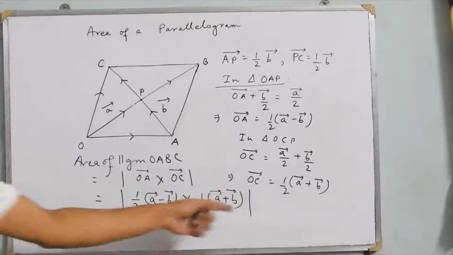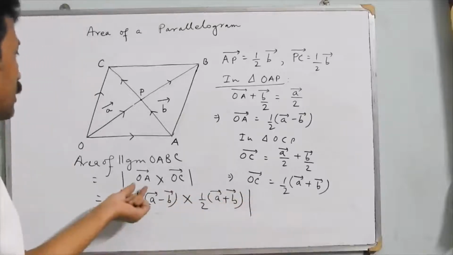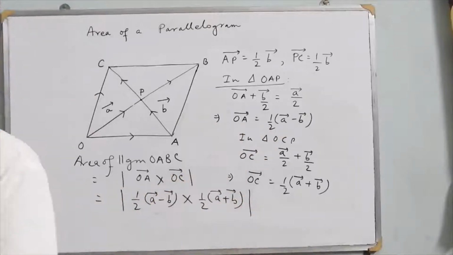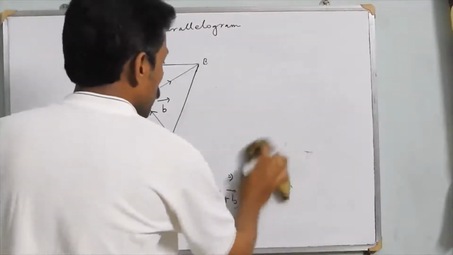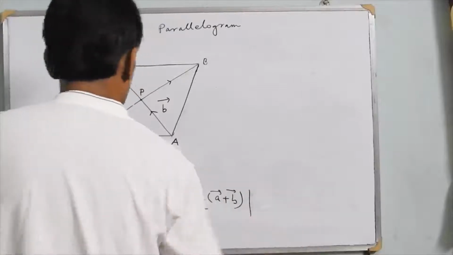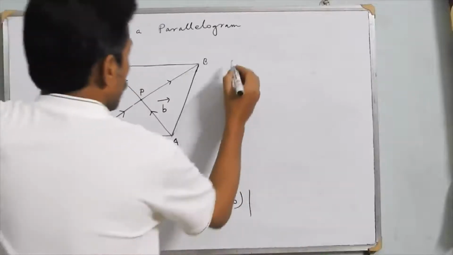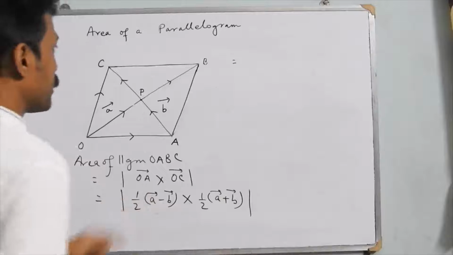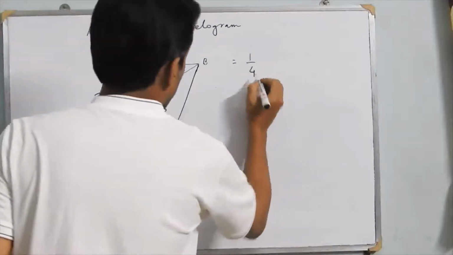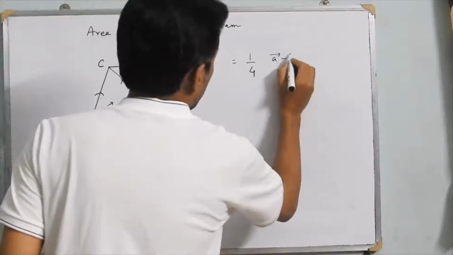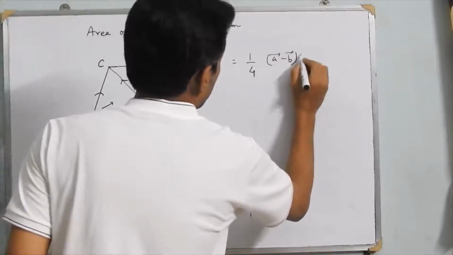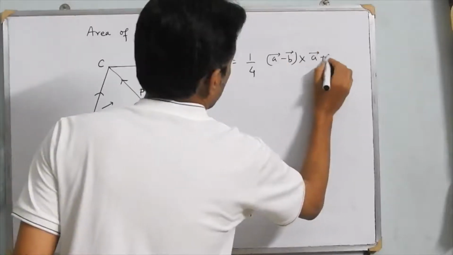So half is definitely a scalar that will come out of the modulus symbol, and half into half is 1/4. A vector minus B vector cross A vector plus B vector.